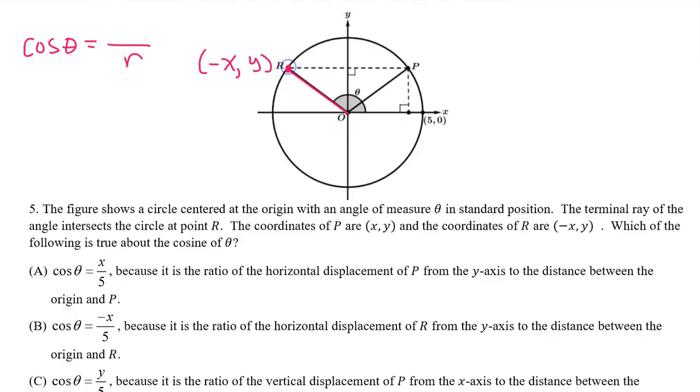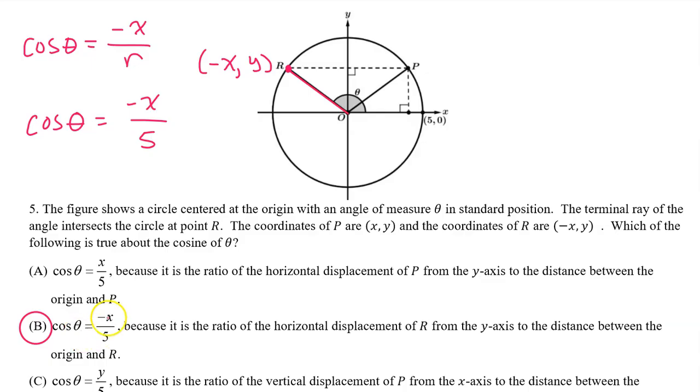So with the point R being on the terminal ray of the angle, the horizontal displacement is -x. So cosine will be -x over r. And the radius is 5, so that means cosine theta will equal the opposite of x over 5. So the answer is B.